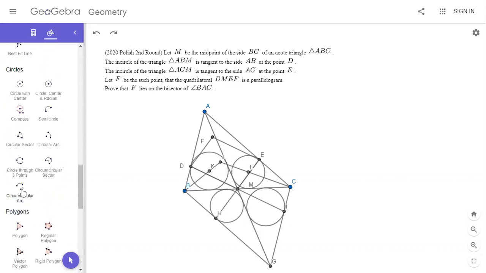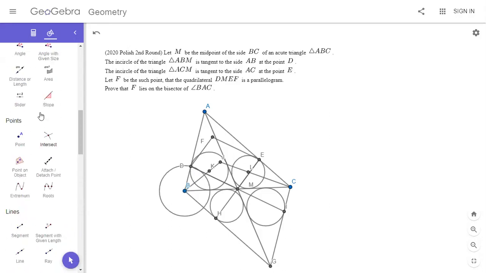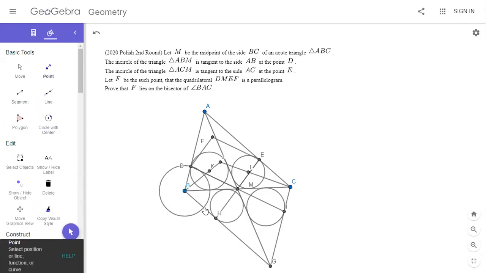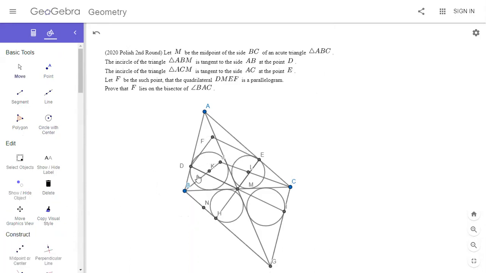So let me try something. Basically, we want to show DN is parallel to AJ or AF.